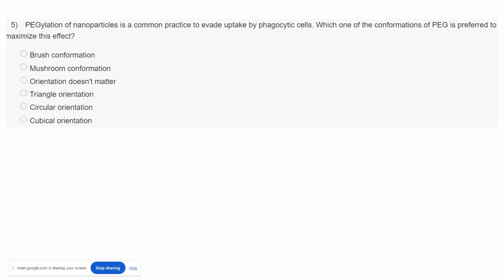Option 2. Mushroom conformation. Okay. Anyone else?